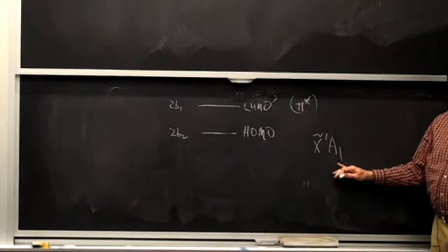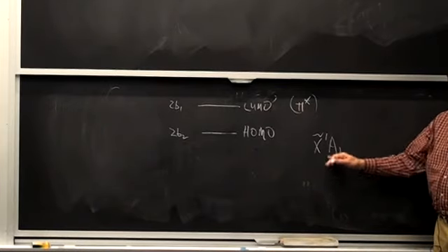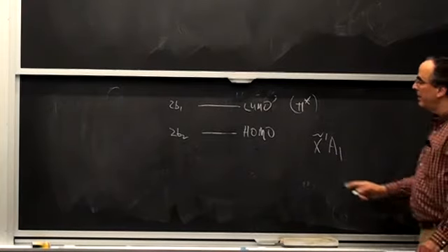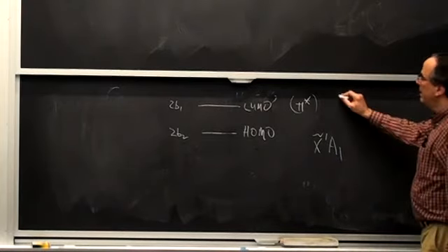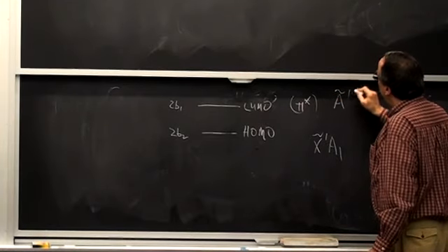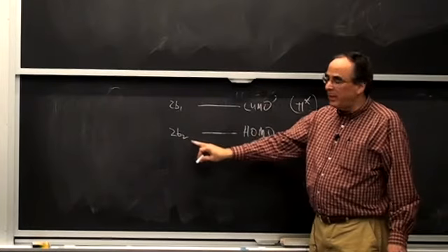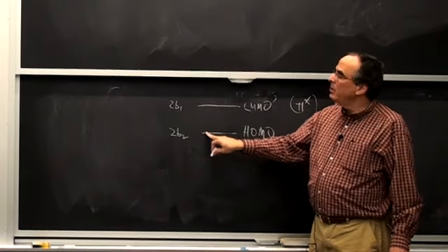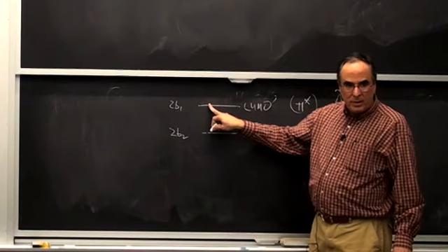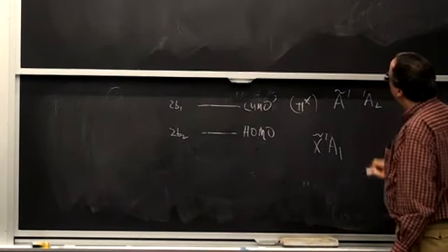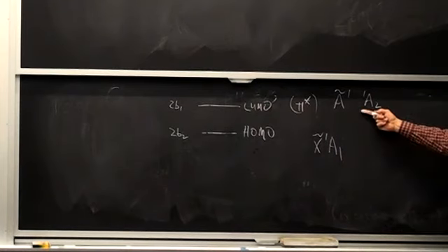In C2V, the totally symmetric state is A1, and so the excited state is predicted to have the electronic symmetry B2 times B1, which is A2. So we expect that the excited state, if it is C2V, will be singlet A2.